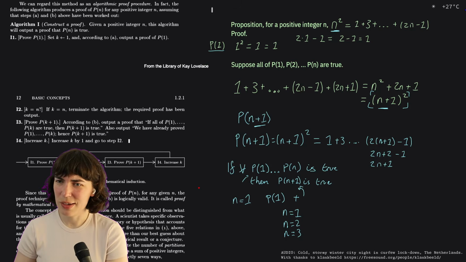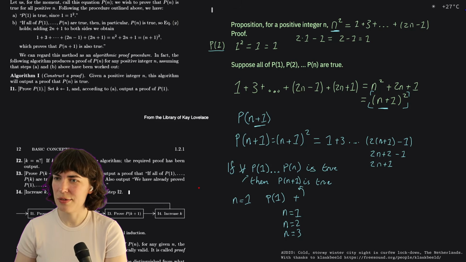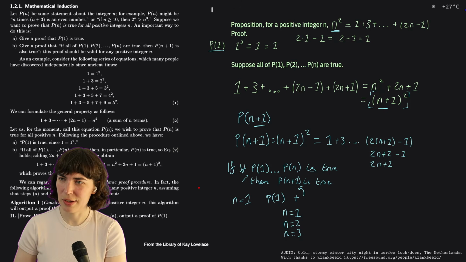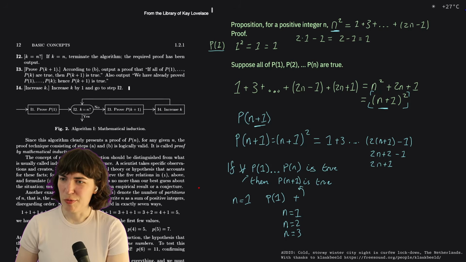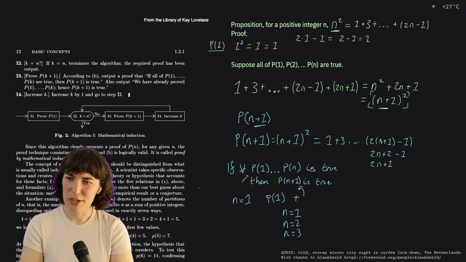Is there a B anywhere? Oh, yes, okay, so B is the second step of the inductive process. According to B, output a proof that if all of P1 through Pk are true, then Pk plus 1 is true. Also output, we have already proved P1 through Pk, hence k plus 1 is true. Increase k by 1 and go to step I2.